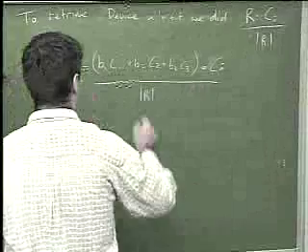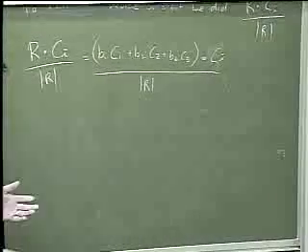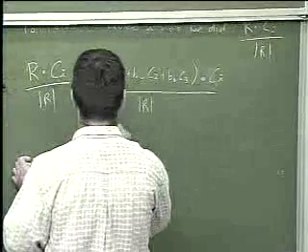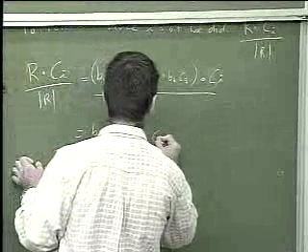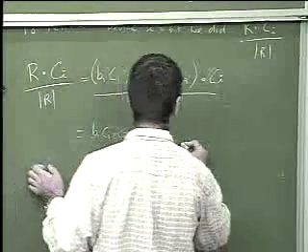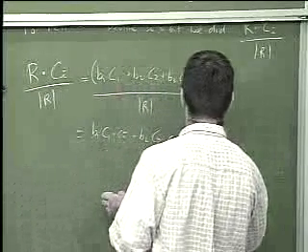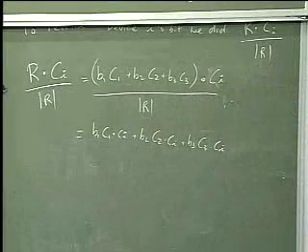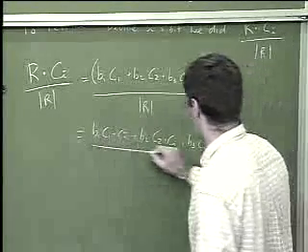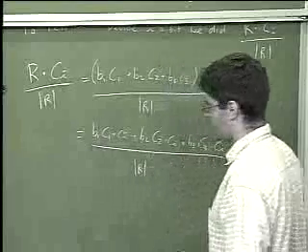Which, if I just apply the associative and commutative rules, is B1 C1 dot Ci plus B2 C2 dot Ci plus B3 C3 dot Ci, divided by R. Okay?